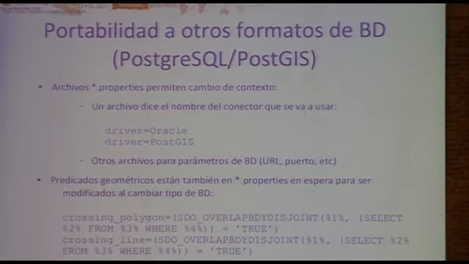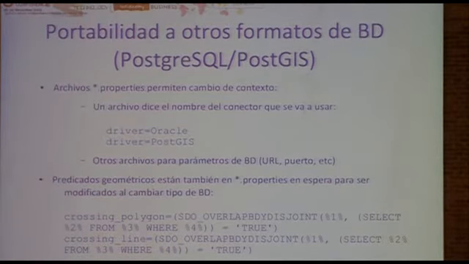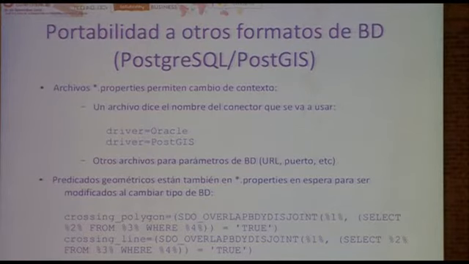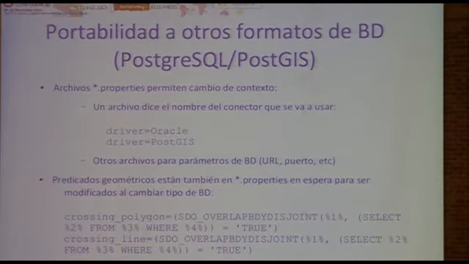Another interesting thing of our progress is that we can export the data to other formats like PostgreSQL or PostGIS. So we will have a PostGIS file that will tell us from where these data have been imported, and we can read the file.